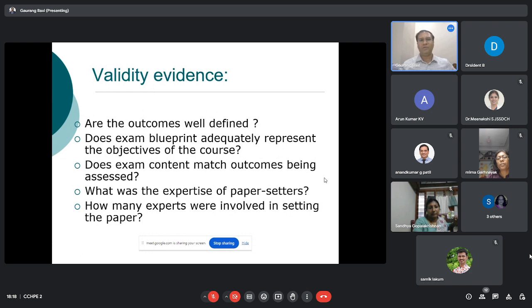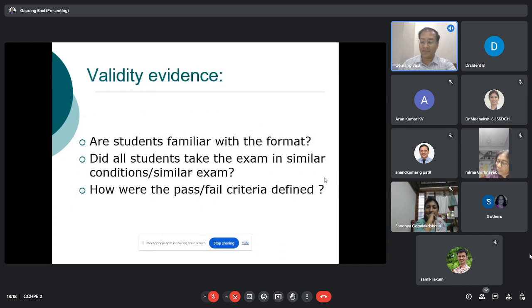How do we know whether our assessment is valid? These are a few points. Whether the outcomes were well defined, did the exam blueprint adequately represent the objectives of the course, did the exam content match the outcomes being assessed, what was the expertise of the paper setters, how many experts were involved in setting the paper, were the students familiar with the format, did all the students take exams in similar conditions?